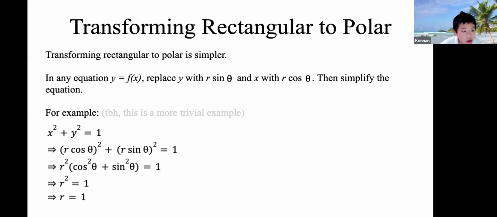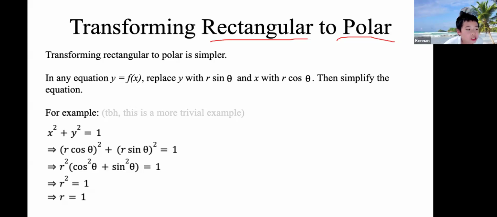So this is transforming rectangular coordinates, Cartesian coordinates, to polar. It's a lot simpler than transforming polar to rectangular, because there's no arc sine or arc cosine and so forth.